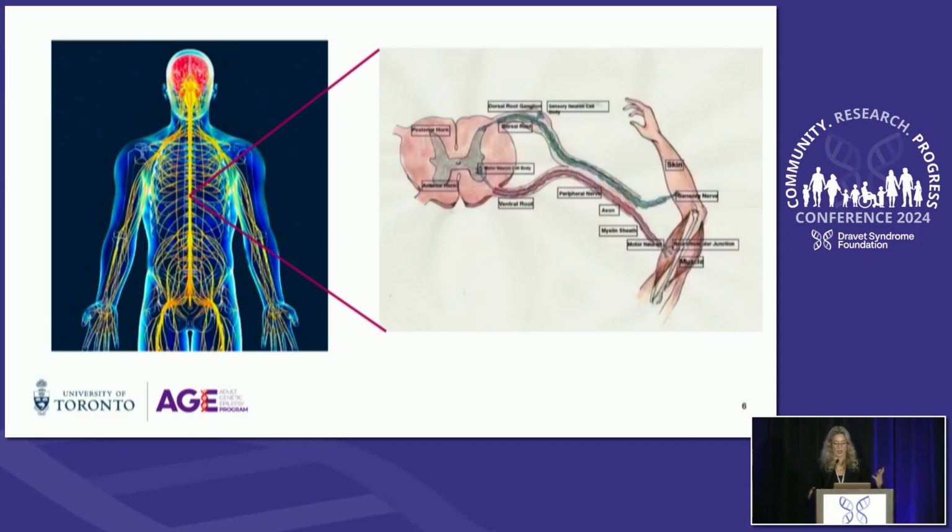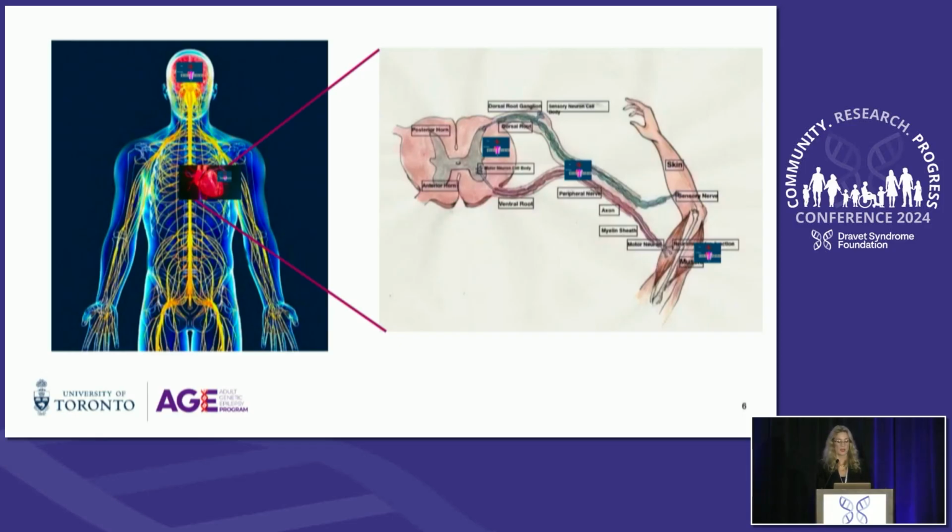And of course, in the heart. So we have cells expressing this gene in several regions, and that might contribute to the reason why we see so many different things in patients with Dravet.